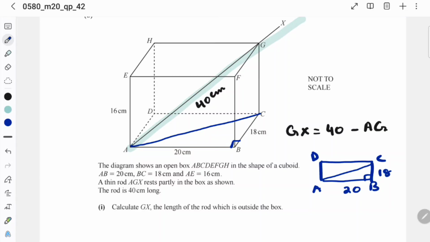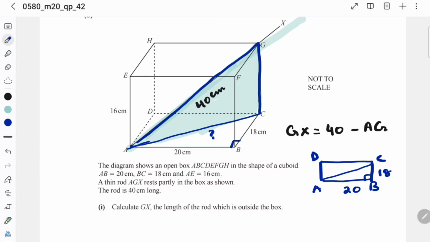Because AG is a part of this triangle, which is also a right angle triangle, we'll calculate AC first with the help of the diagonal of the base. Then we take this blue triangle and calculate the value of AG.